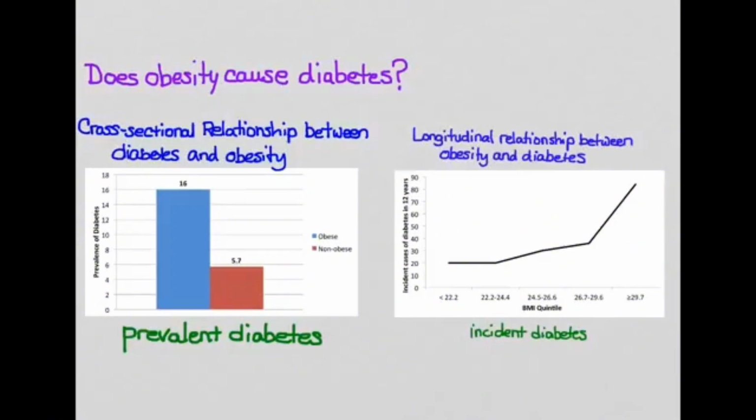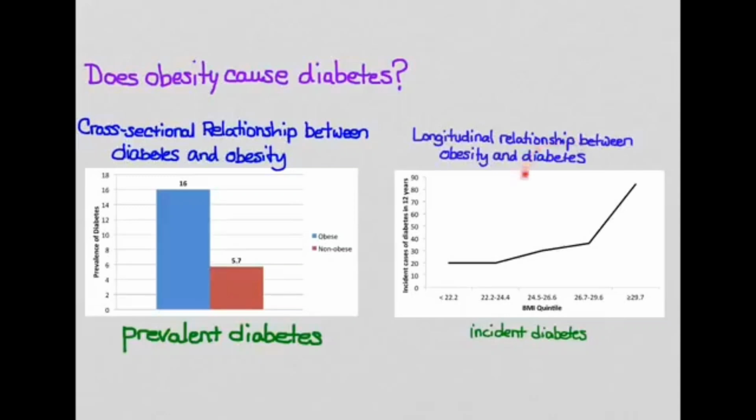Another thing to note is that a cohort study like this one, the Cardiovascular Health Study, can also look at multiple outcomes. So we can look at the relationship between obesity and cardiovascular disease, obesity and many other different conditions, anything that happened to be measured in the study.